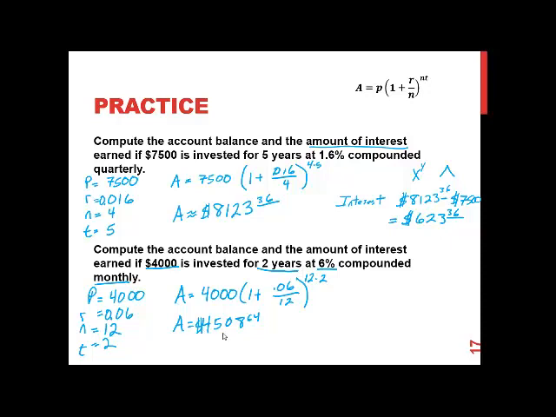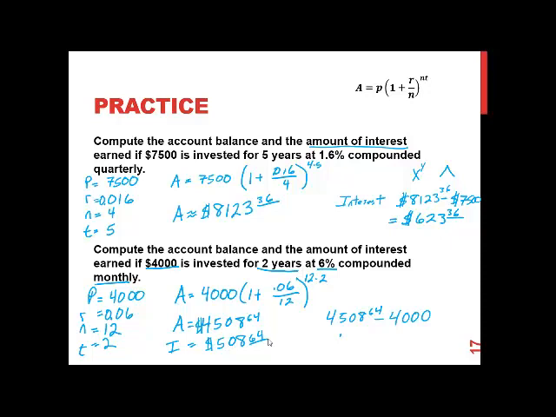Again, if this is the account balance, to find the amount of interest, we would just do the subtraction. And when we subtract 4,000 from 4508.64, we get that the interest is $508.64. Not a bad investment.